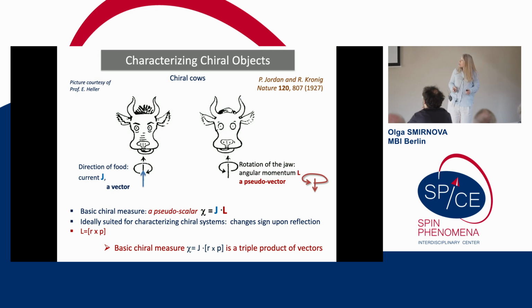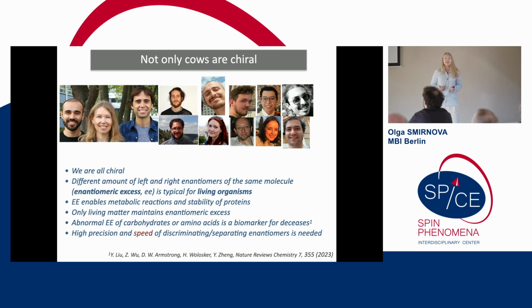Now, more news: not only cows are chiral, we all are chiral. This is because all the metabolic processes in our bodies are actually controlled by the imbalance between left and right molecules in our bodies.